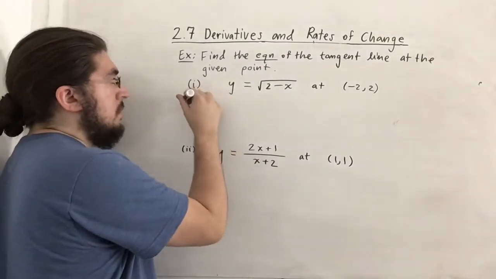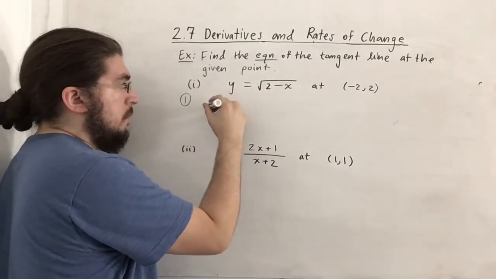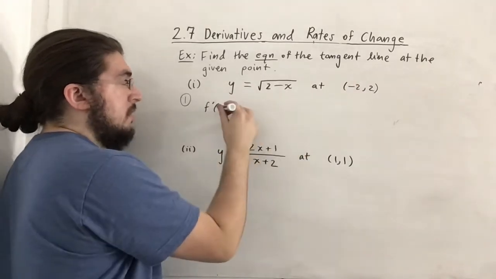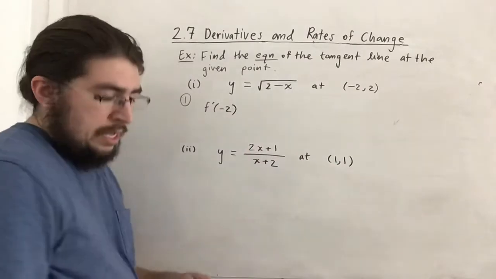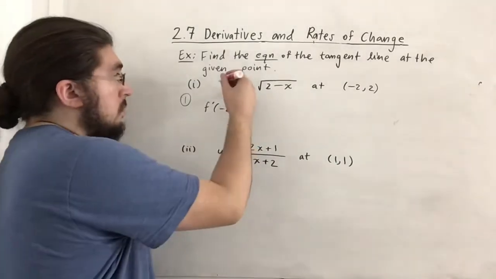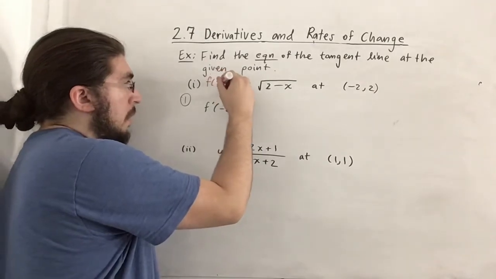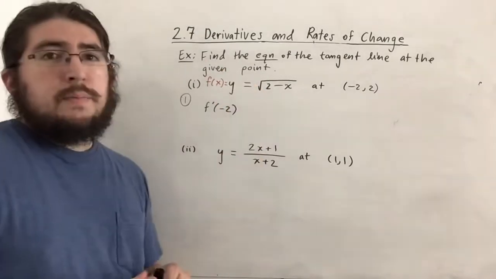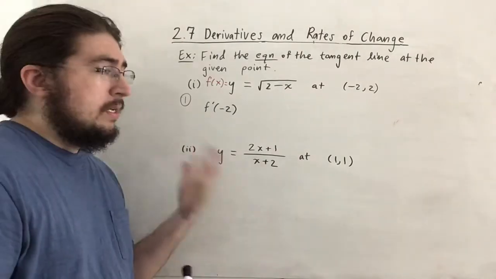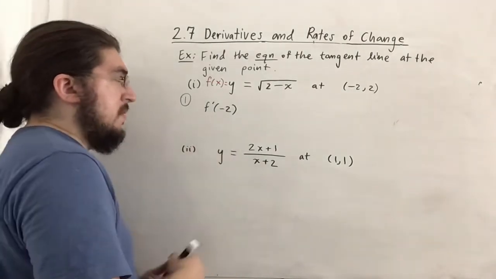First, we need the slope. So let me just say, first step here is to find the slope, and I want to call this f prime of the x value of the point given, which is negative 2. Now, of course, in doing this, I'm going to basically assume that our function is equal to y. So I'm relabeling y as f of x, which is a better notation in the context of the formula we had for slope of the tangent line in terms of derivatives.